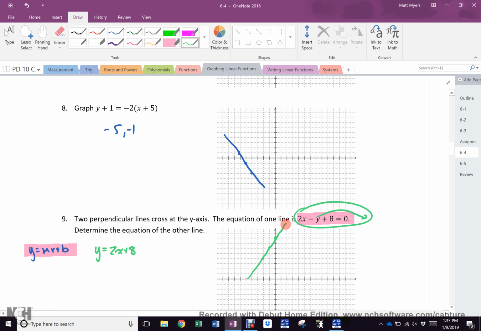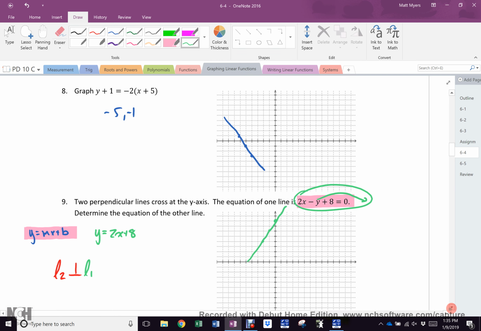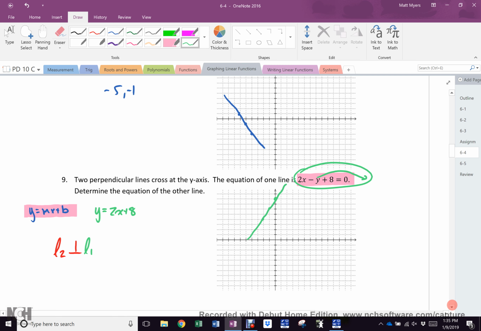Now, what do we know about the second line? Line 2 we know is perpendicular to line 1. What does that tell us? The slope is opposite reciprocal. What is line 1's slope? 2 over 1. So what is line 2's slope?